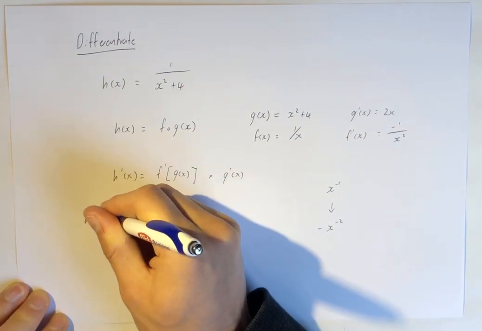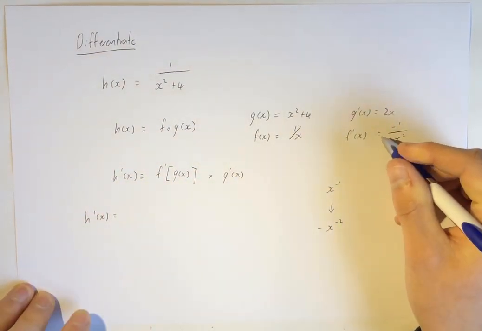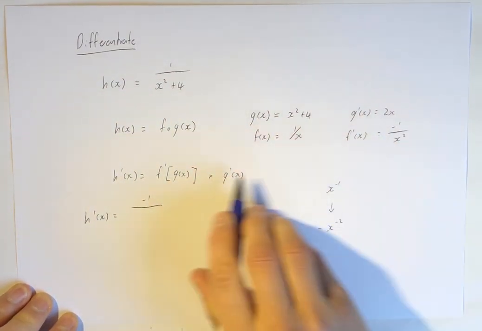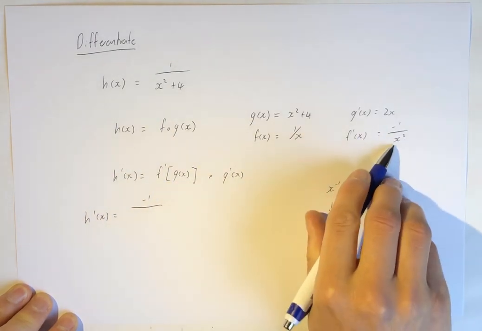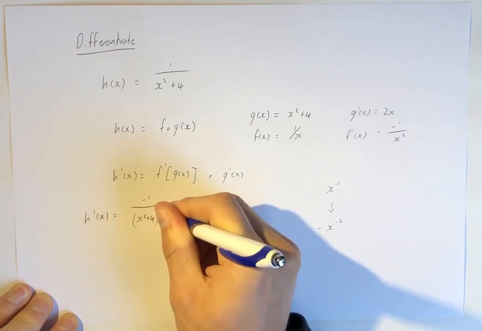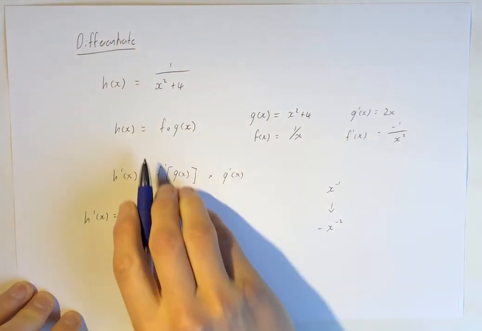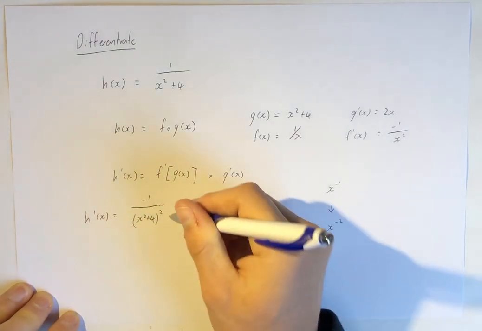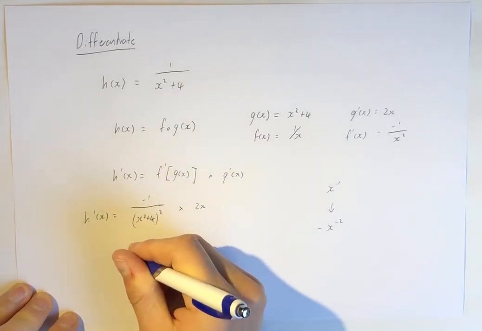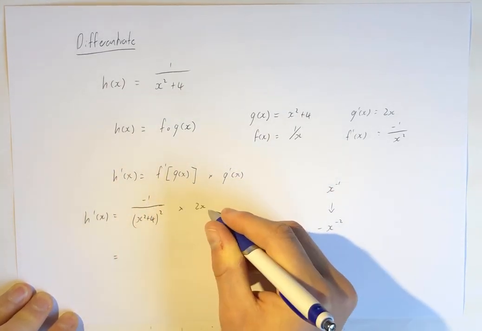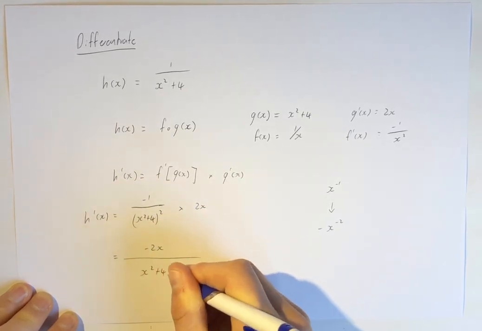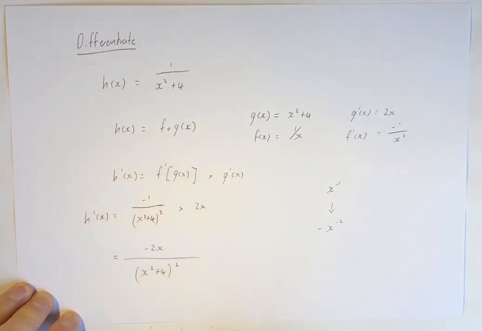And so h prime of x is f prime, negative 1 over whatever g of x is, squared, because that's our input. So that's going to be x squared plus 4 squared. So that's just the derivative of the outside function, then put g of x back in, multiplied by g prime of x, which is 2x. So this is going to be negative 2x all over x squared plus 4, squared.